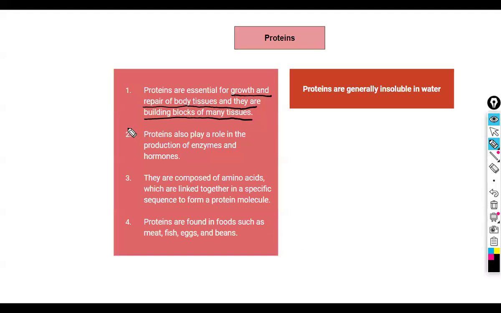Now, a lot of people don't know the second one. Proteins are also used to make something called enzymes and hormones. Most people here will not know what an enzyme is because we haven't done it in class as yet. To keep it simple, there are a lot of different types of enzymes. Enzymes make chemical reactions in your body happen more easily.